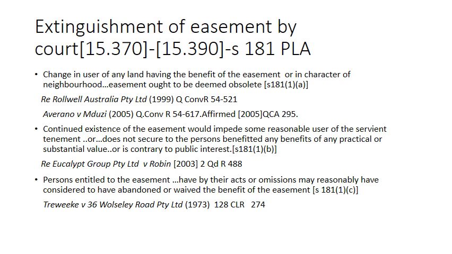In the other case, Averano and Mizzuzi, the court did not find that the application to remove succeeded. This was a case where the dominant and servient tenements were neighbours owning adjacent blocks of land, and they had easements running across each other's land in order to give right-of-way access to nearby streets.